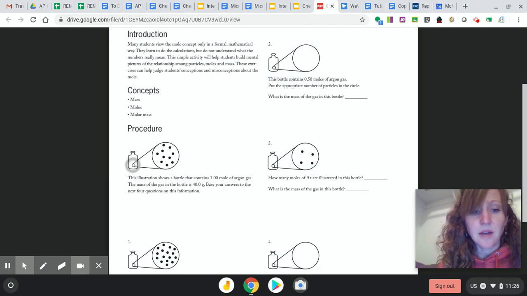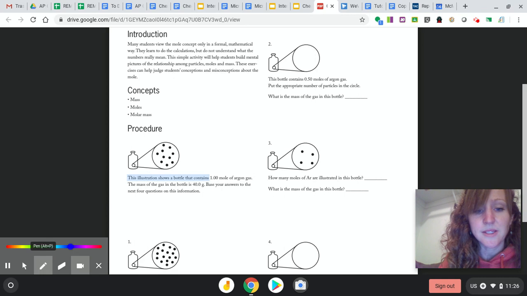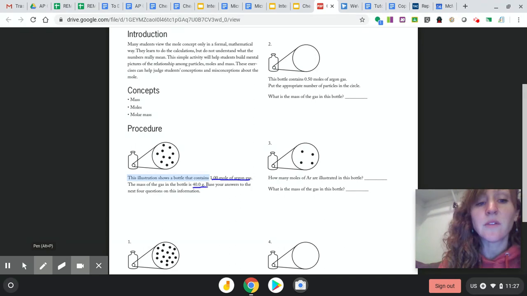Now they give you a bottle and a little segment of the bottle and all these dots. Underneath they tell you some information about it, like this represents 1 mole of argon gas. The mass in the bottle is 40 grams. And then they give you information in a picture also.